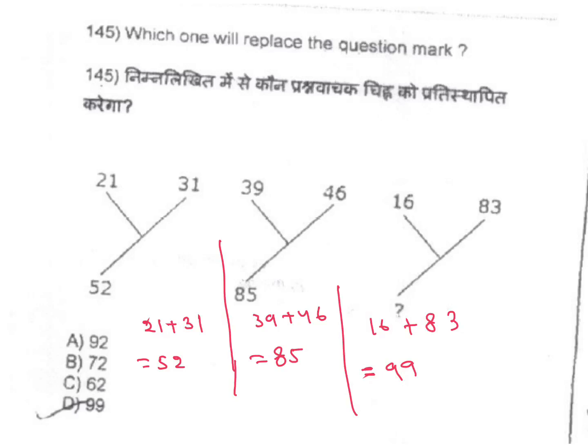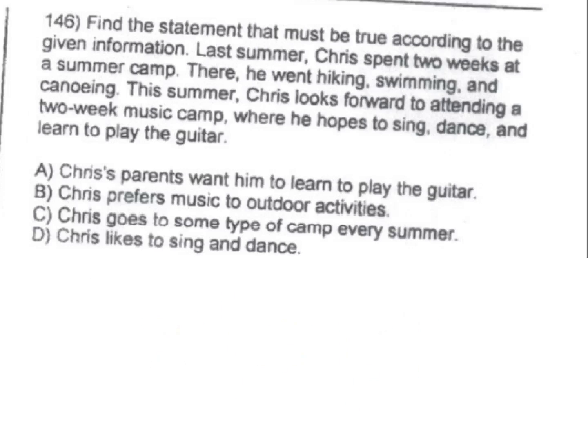Find the statement that must be true according to the given information. Last summer, Chris spent 2 weeks at a summer camp. There he went hiking, swimming and canoeing. This summer, Chris looks forward to attending a 2-week music camp where he hopes to sing, dance and learn to play the guitar. So from the options you have to check. A: Chris's parents want him to learn to play the guitar. Nothing is mentioned about his parents.